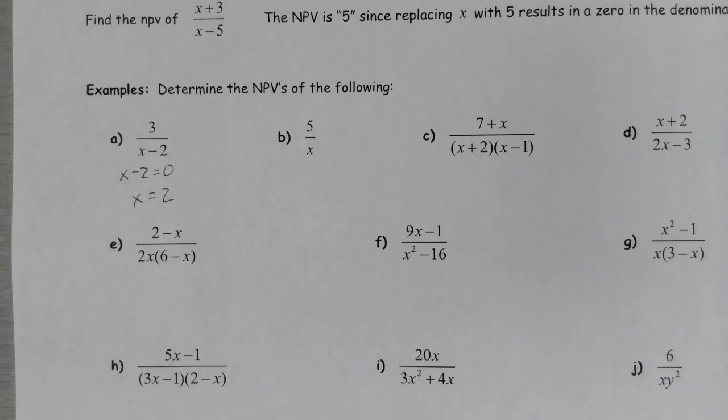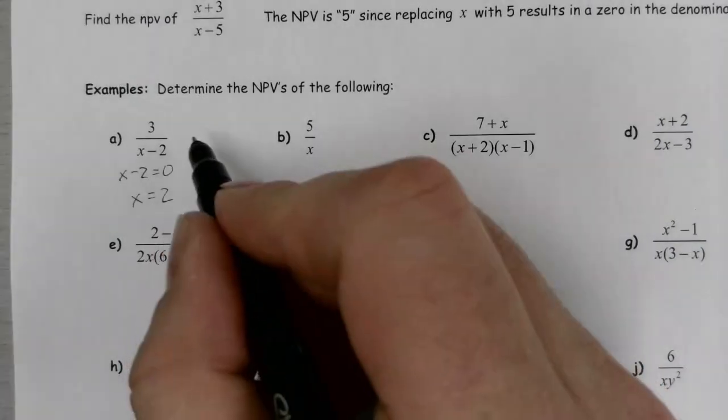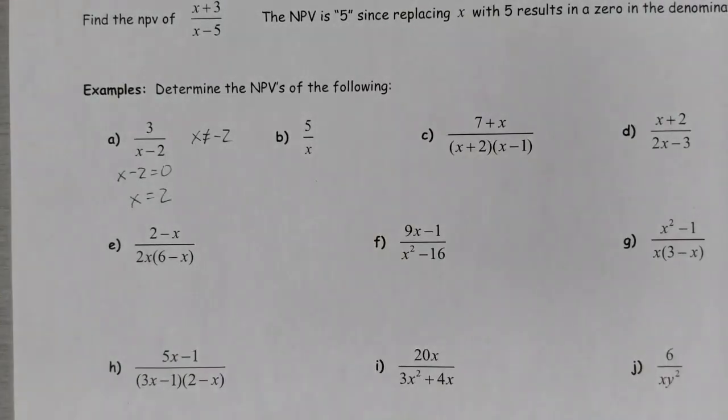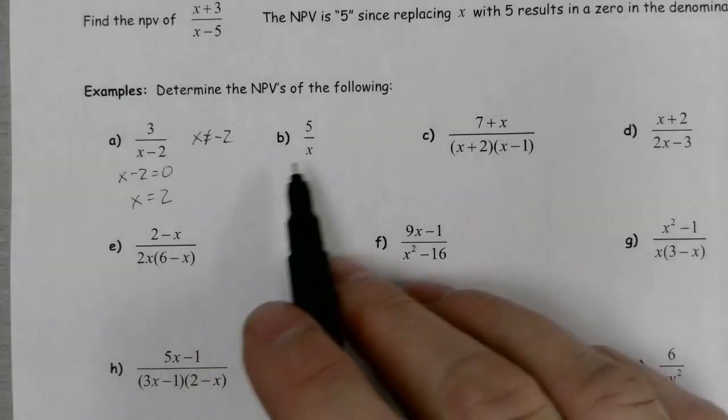So when x is equal to 2, the denominator goes to 0, so therefore my non-permissible here is that x cannot equal 2. In a situation like this, you'd actually call that a pole for the function. You don't even have to worry about that, but another word for it would be a pole.